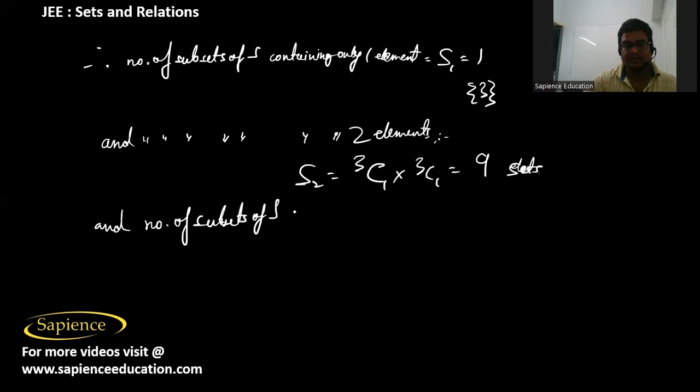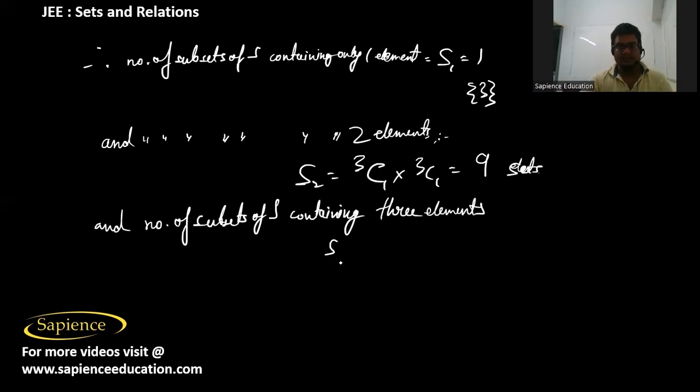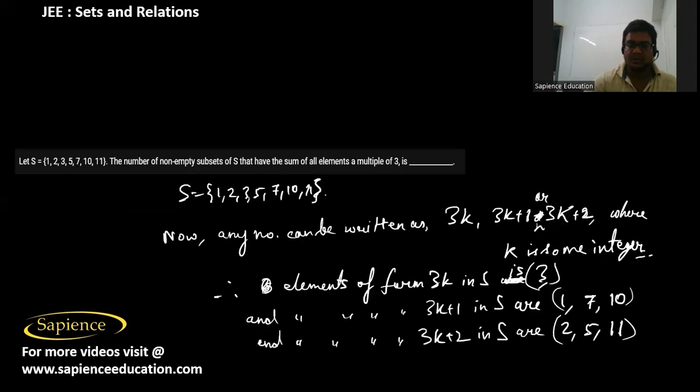and then the number of subsets of S containing 3 elements, that will be S3. So here we can select the number 3 and we can select any one from here and any one from here.